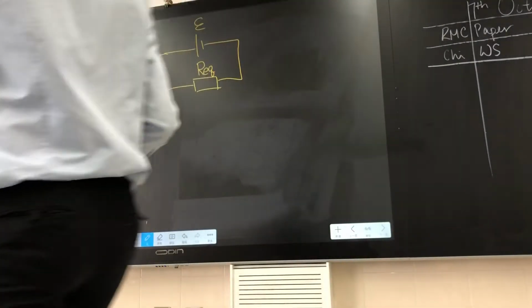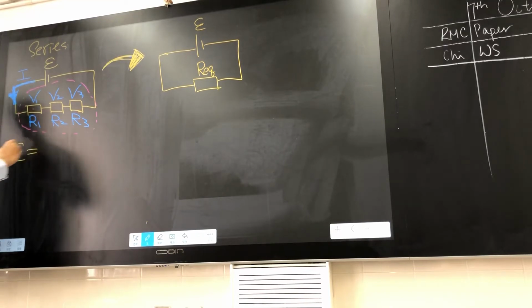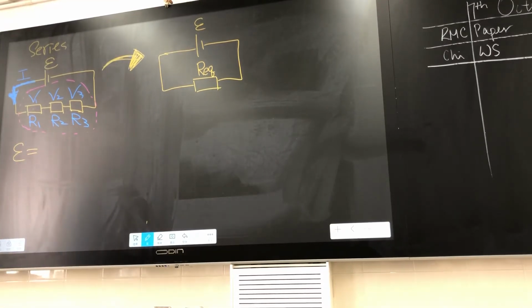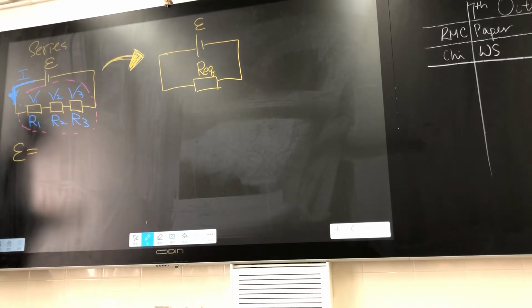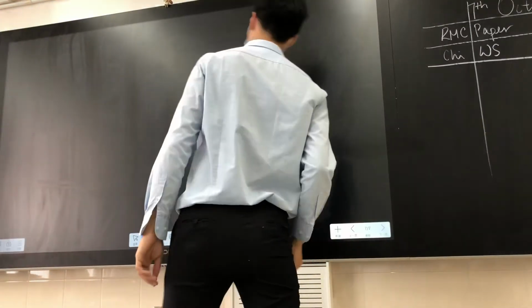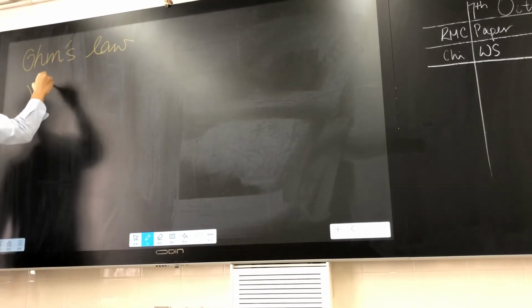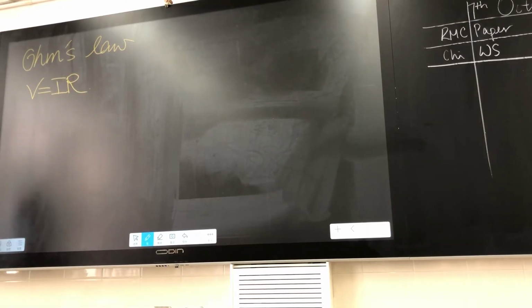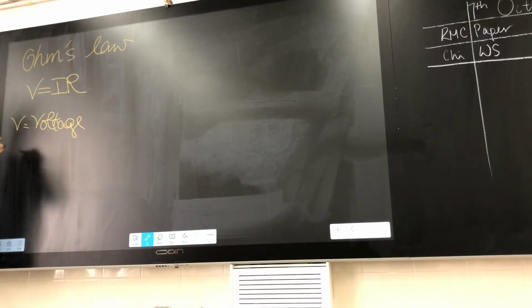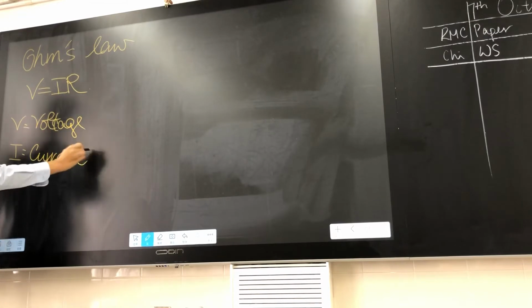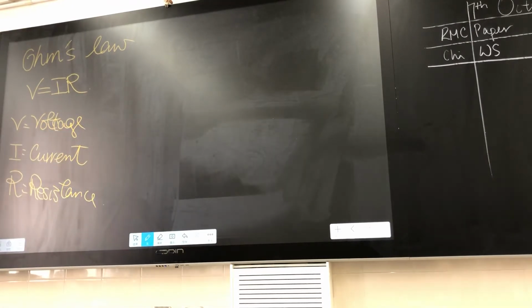Okay, so for the left-hand side, epsilon equals... 呢個你知啊嘛，V 等如 IR，Ohm's law 記唔記得？我而家寫翻出嚟。Okay, so what's the unit of voltage?